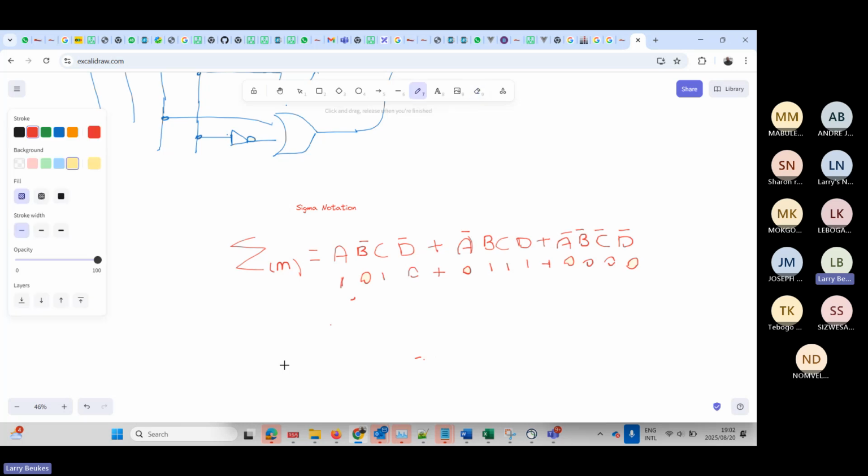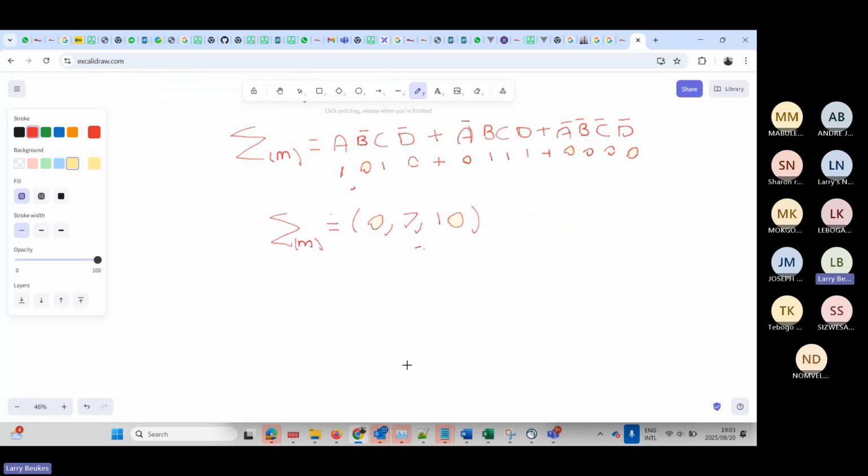So we're going to have the sum of min terms equals to 0, 7, 10. Okay, so we're done with sigma notation.